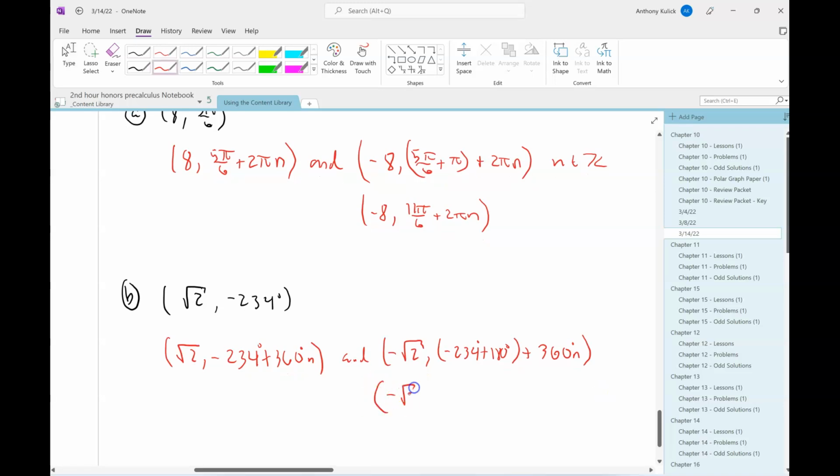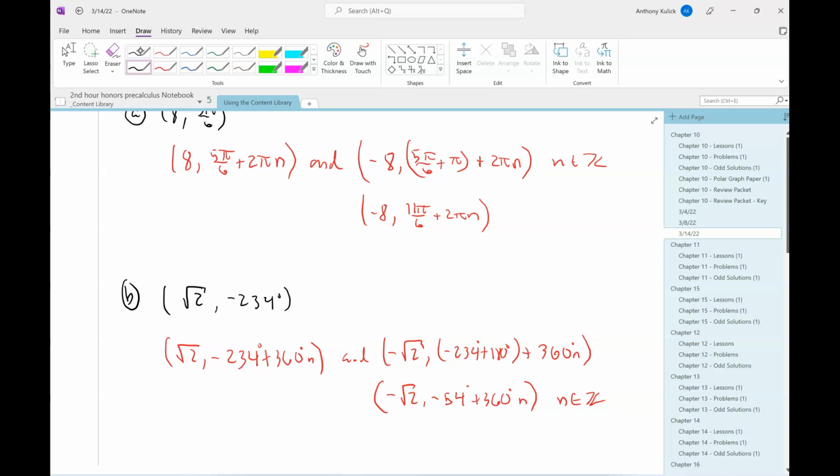So again, when we simplify this down, that's negative 54 plus 360 n, where n is some integer. Does that feel cool? Okay.